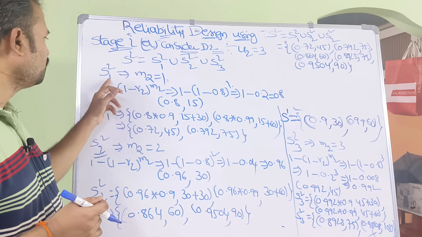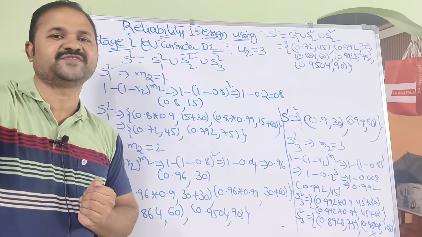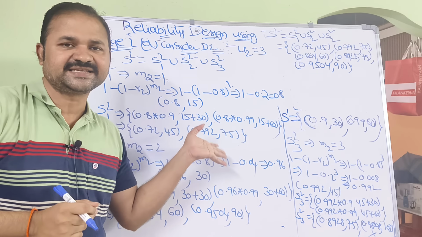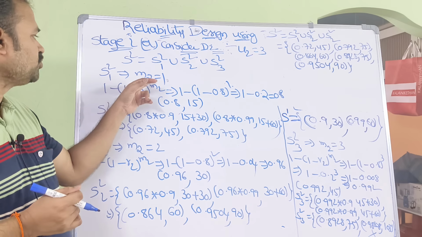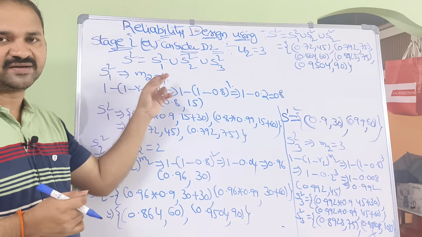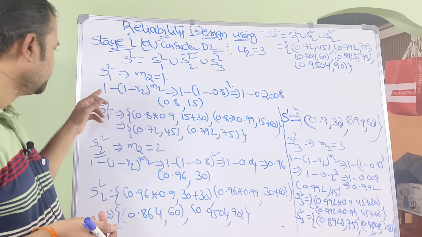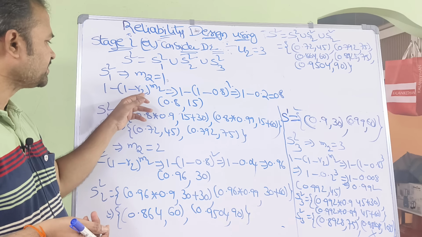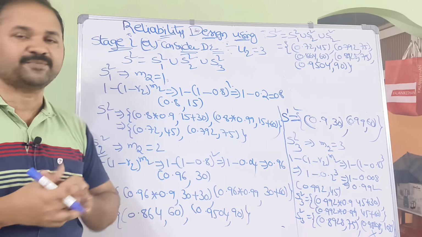So S power 2 1. Here the number of copies: previously in device 1 we have taken m1, whereas in the second stage m2, in the third stage m3. So m2 equal to, here the number of copies is 1. Now let's see how to calculate the reliability. We know the formula: 1 minus, within the parenthesis, 1 minus R2, whole power m2.